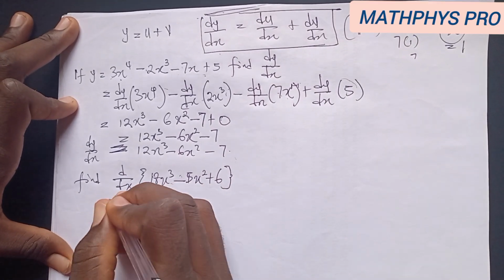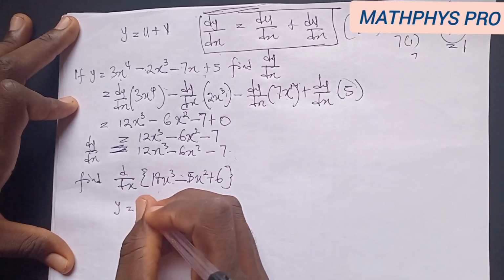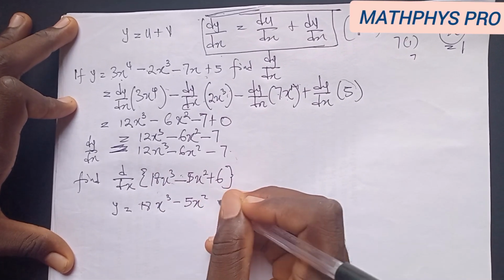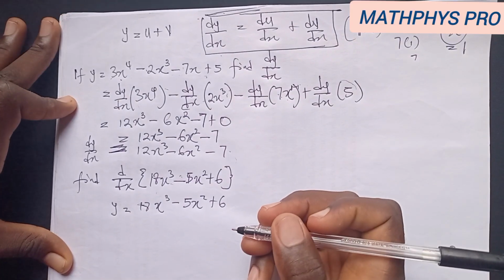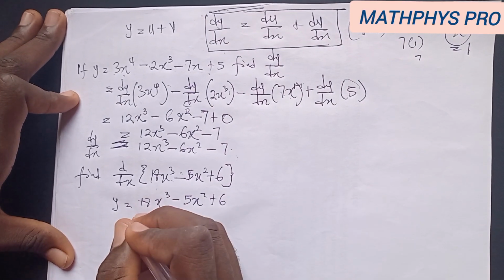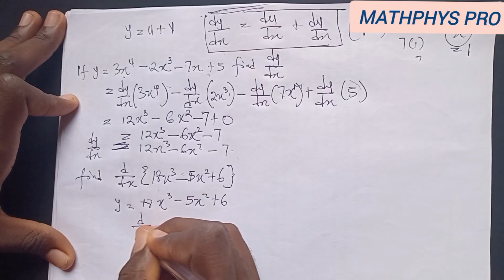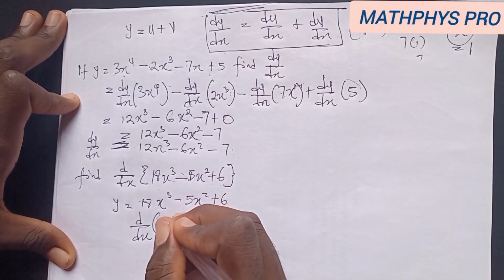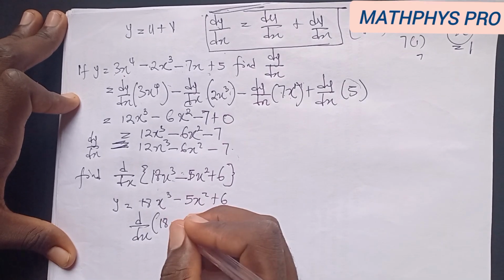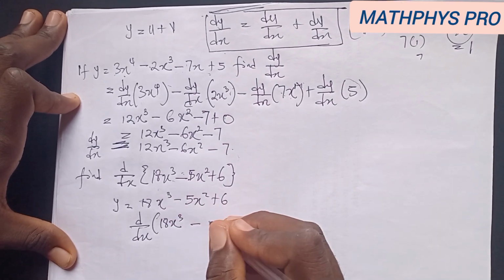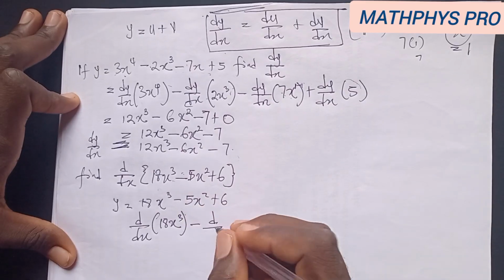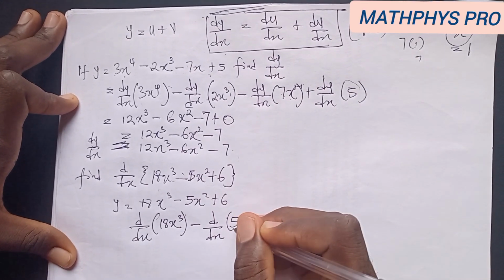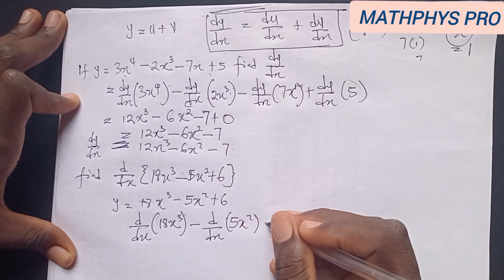Let's say that y is equal to 18x raised to the power 3 minus 5x raised to the power 2 plus 6. Look for the derivatives of each term.